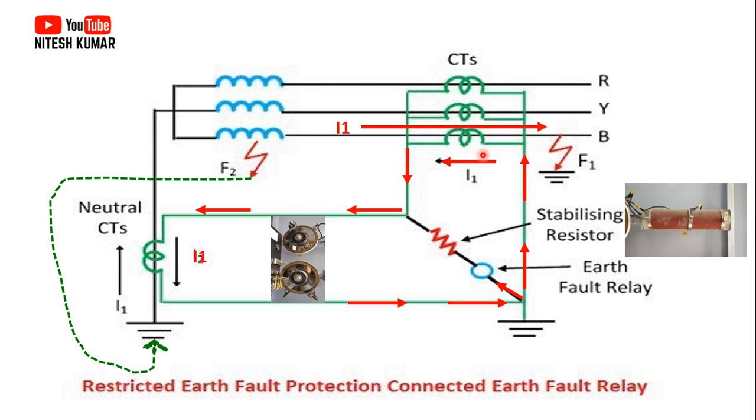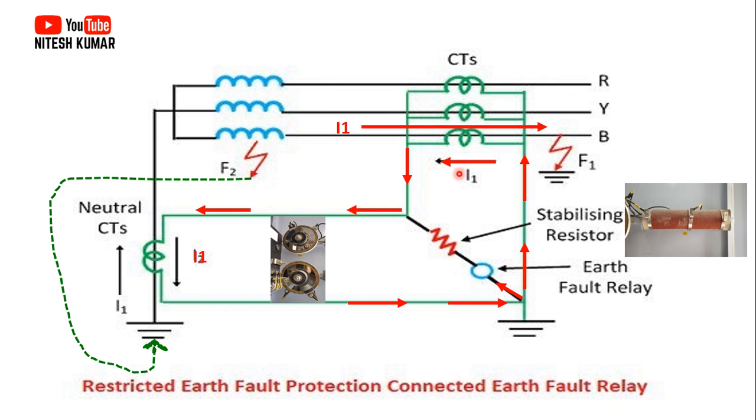Suppose your CT gets saturated, then the secondary current of this CT will become zero, because this CT will not be able to give current in the secondary. The nature and properties of that secondary change during saturation. So this I1 will become zero.